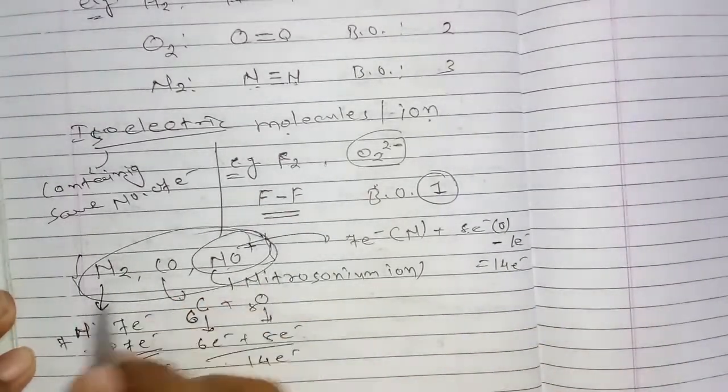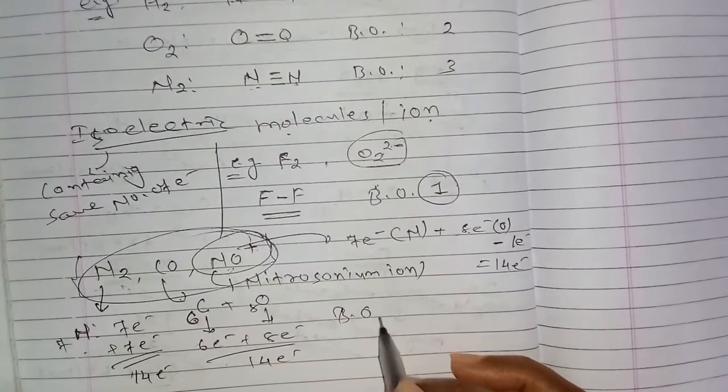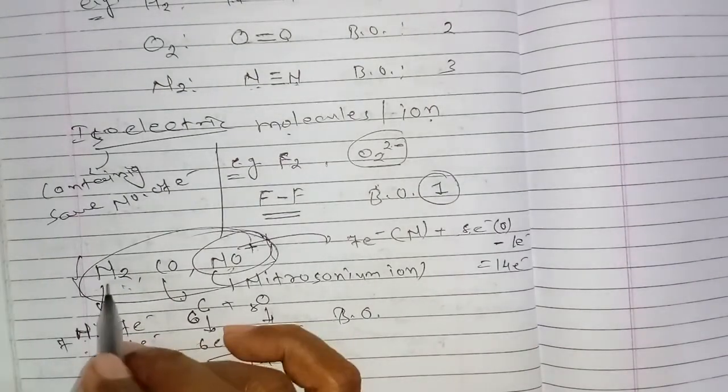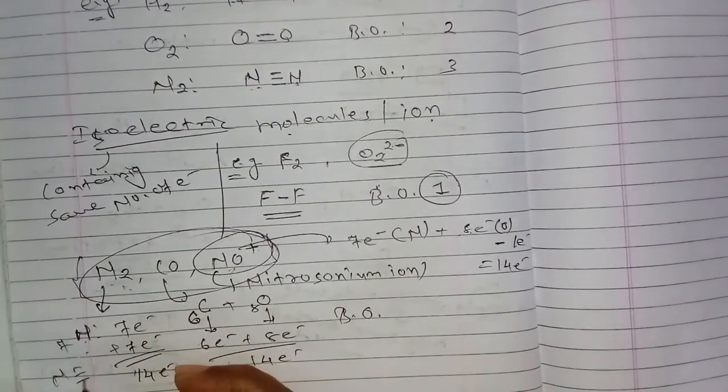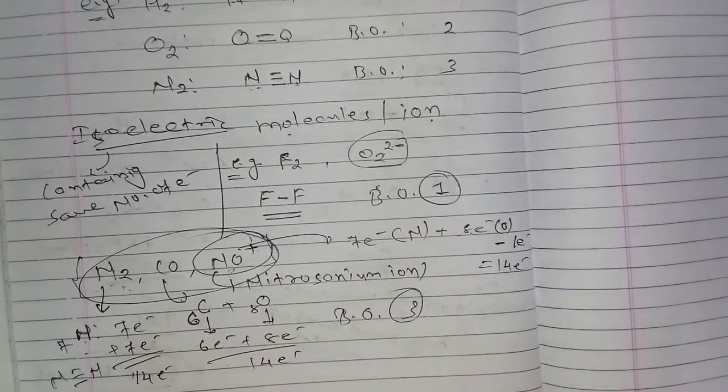These are all isoelectronic species, and their bond order, as in nitrogen, is 3, a triple bond.